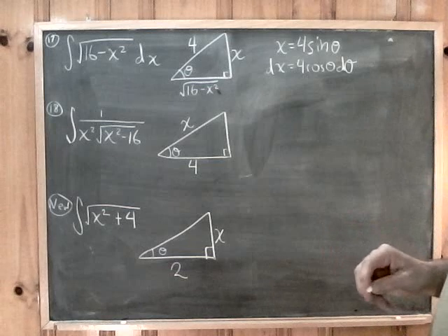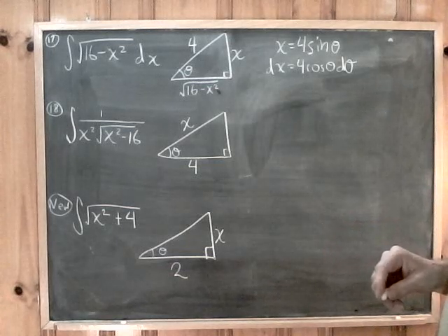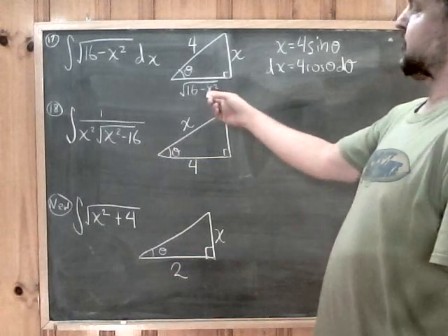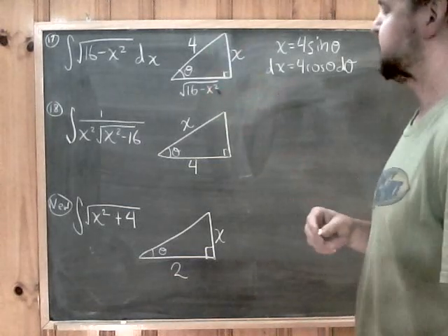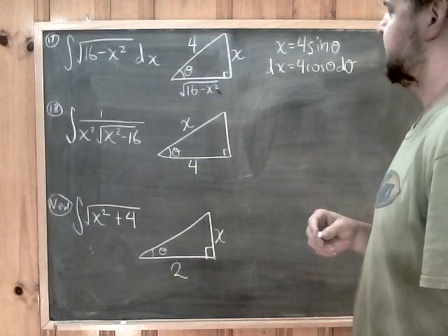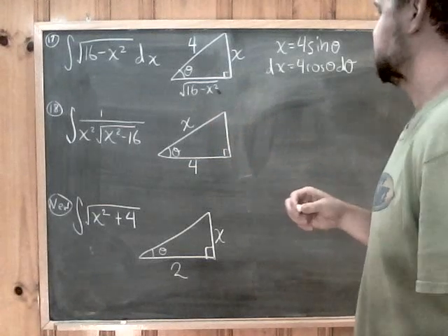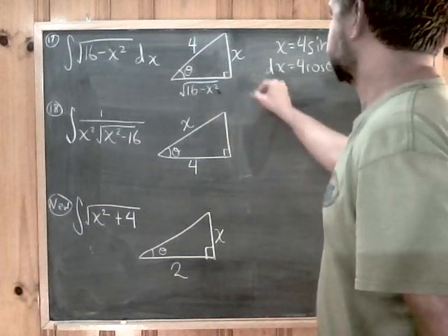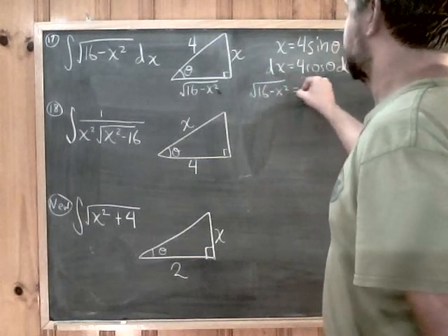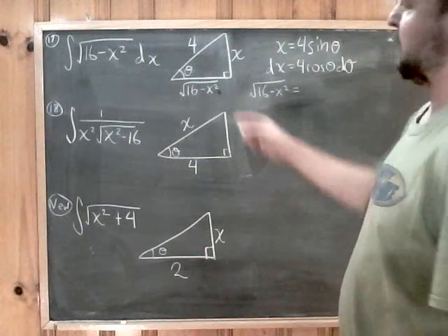And I also have that the cosine of that theta is equal to the adjacent divided by the hypotenuse. So I can write that the adjacent there, square root of 16 minus x squared, is going to be equal to, well, let's see, say it again.